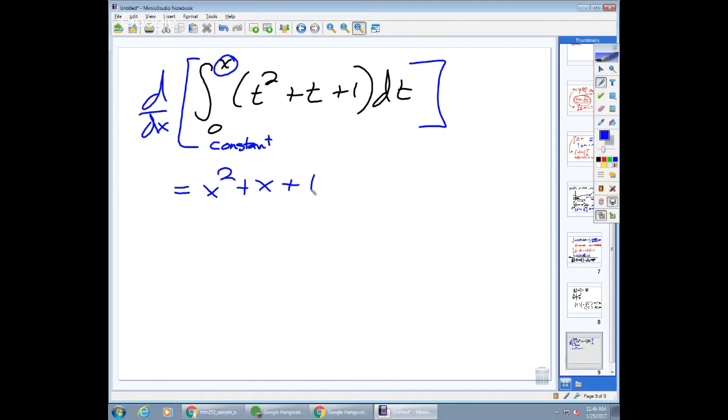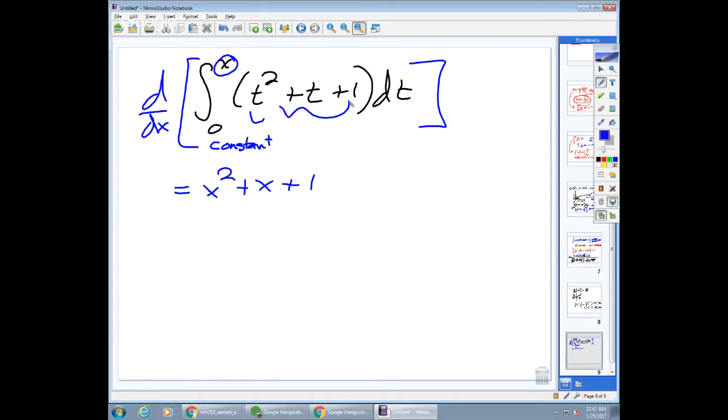If you wanted to, you could find an antiderivative for this, evaluate the endpoints, and then differentiate it, and you will get back to that in the end. So that's just more work to do the same thing. So if you're unsure on the test, if you're stressed out and struggling, find an antiderivative for this, write it down, then differentiate it.